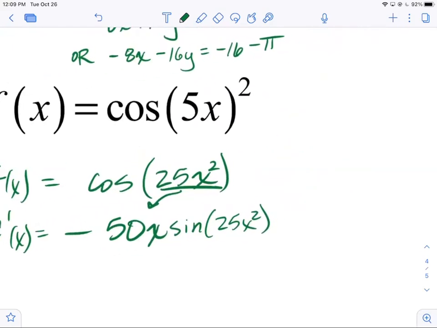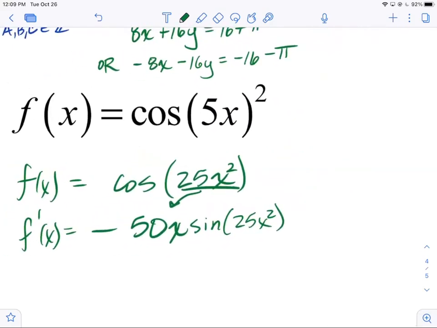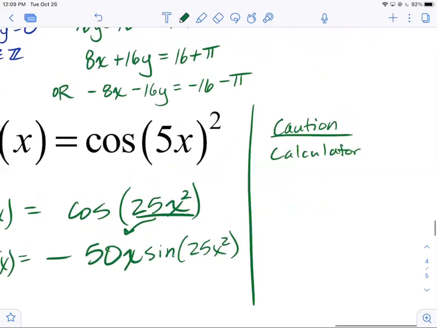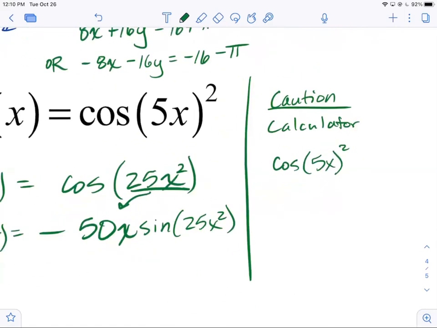Now, one little word of caution here. Caution. If on the calculator you type in cosine of 5x close parentheses squared, your calculator interprets this to be cosine of 5x quantity squared.